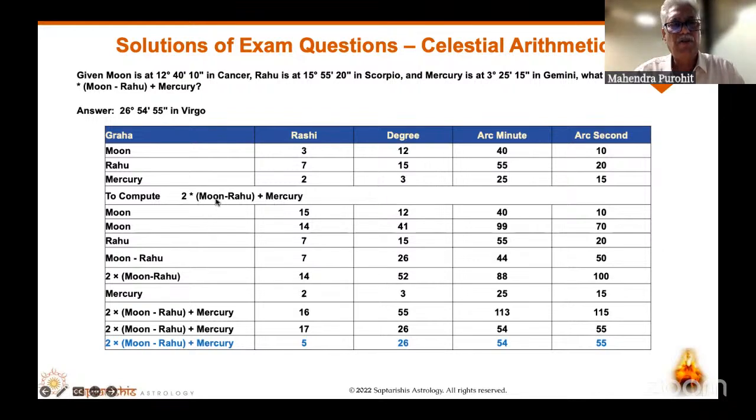Means it is not first you find this whole and then multiply by 2. So Moon is this thing. This is the same way you can check. This is Moon minus Rahu, multiplied by this value, so 7 multiplied by 2 gives you this thing 14, 52, 88, 100. Then Mercury is this thing. So you have to add Mercury to this. This will give you 66 and then the simple conversions, what we have done so far.